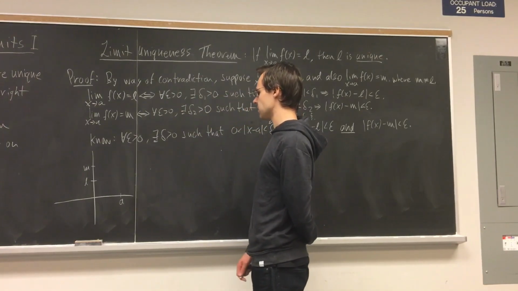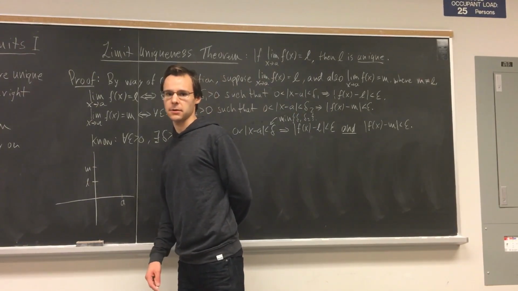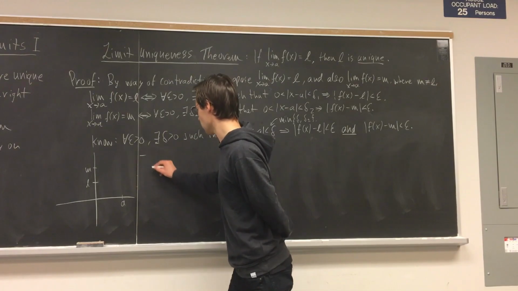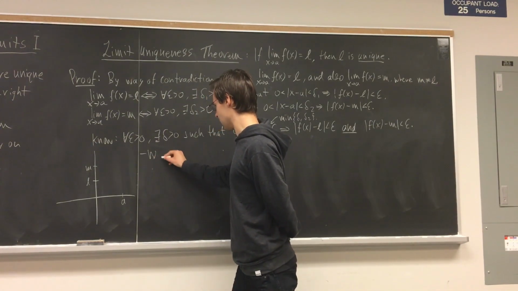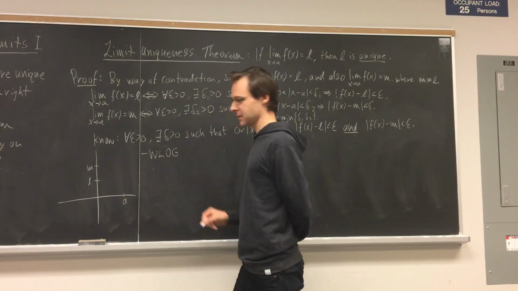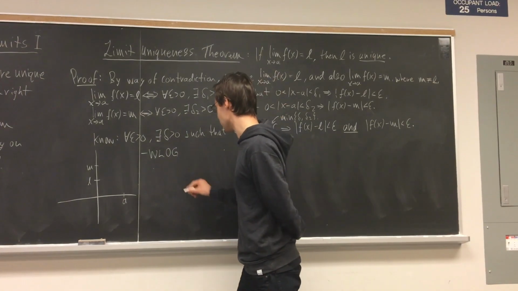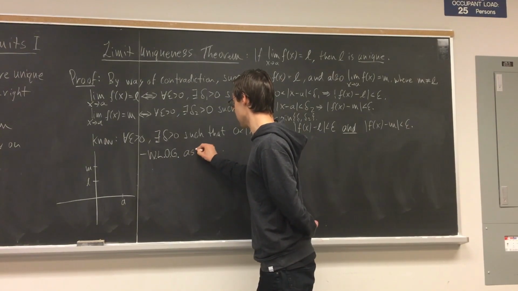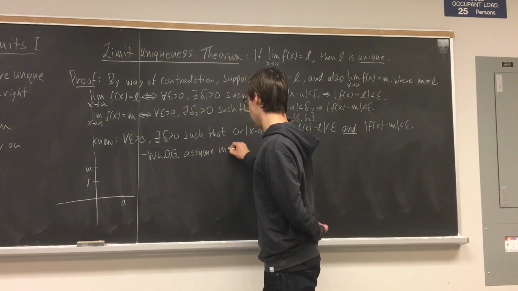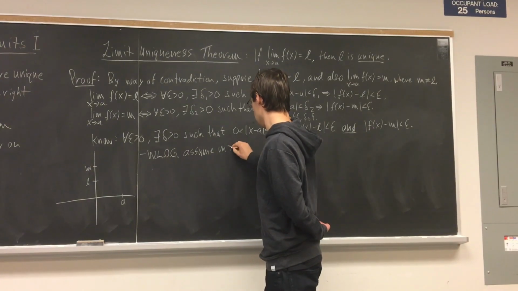So, without loss of generality, we may assume that M is larger than L. Maybe I should write that down here. Without loss of generality, that's the abbreviation that mathematicians use to conserve energy, assume that M is larger than L.